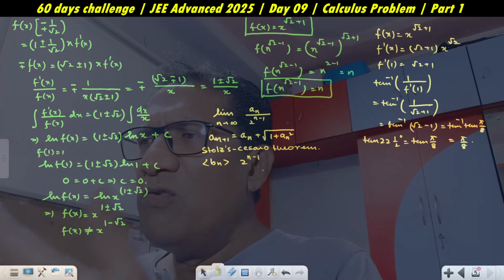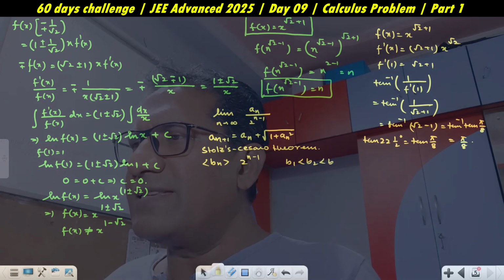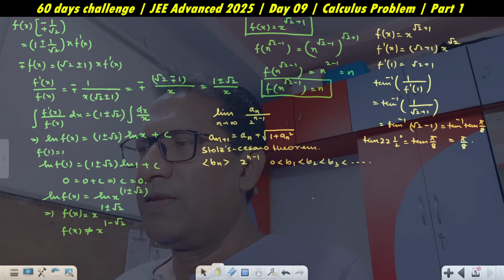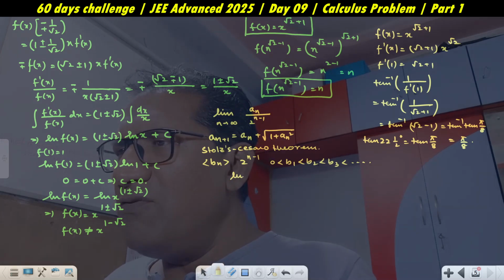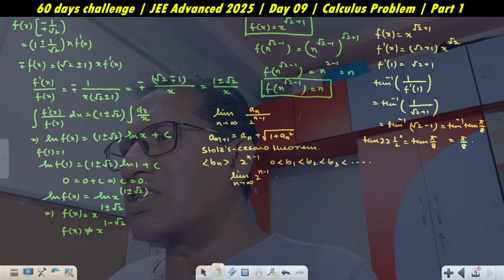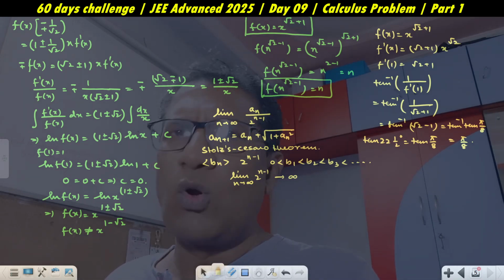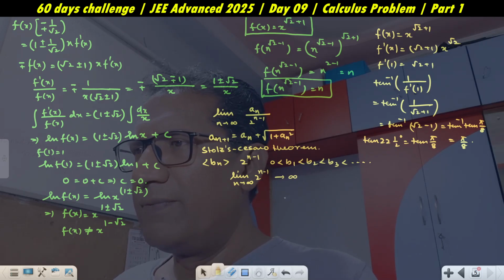As we move on, b1 will be less than b2, less than b3, and this goes on, right? At the same time, as n approaches infinity, 2 to the power n minus 1 is also approaching infinity. So now we are free to use the Stolz-Cesaro theorem.